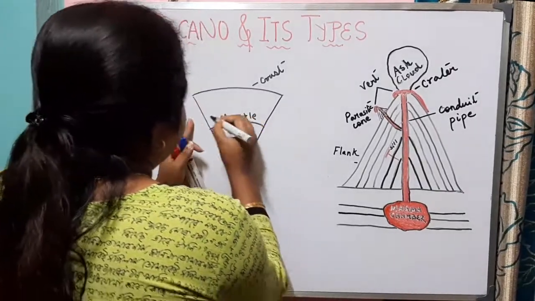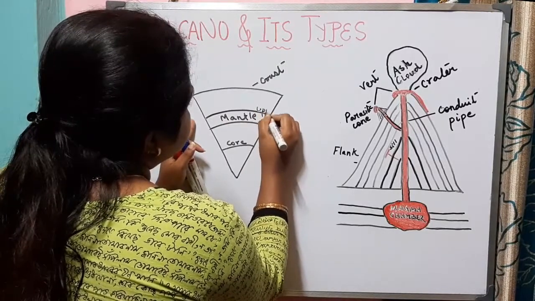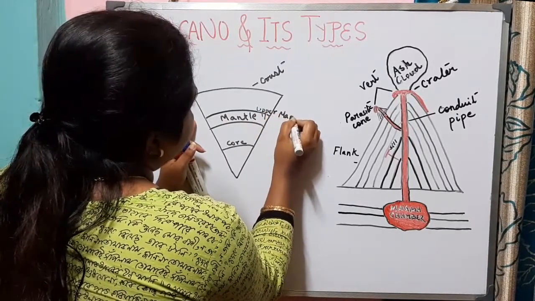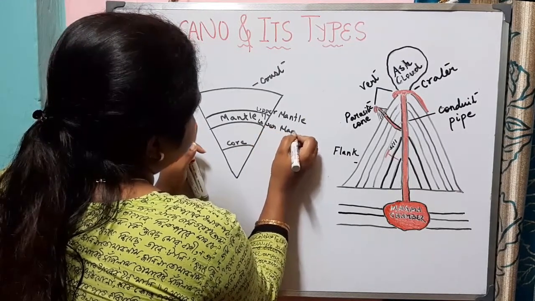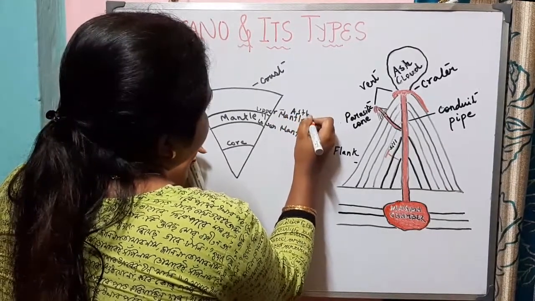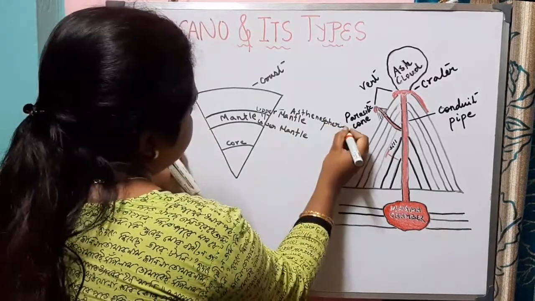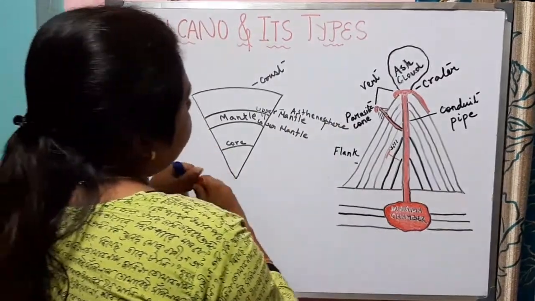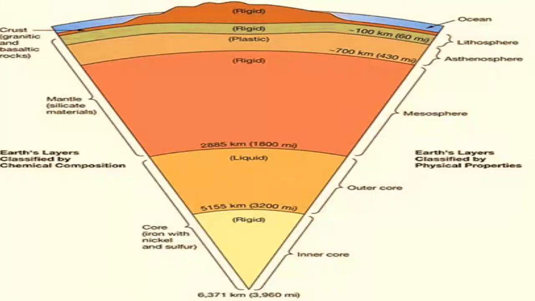The mantle is divided into two, the upper mantle and the lower mantle. The upper mantle is also known as the asthenosphere, and the upper mantle and the crust together form the lithosphere.